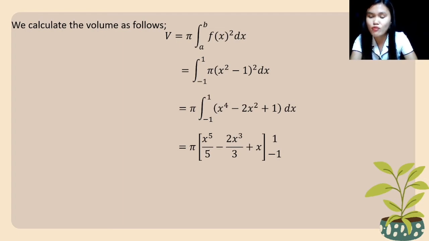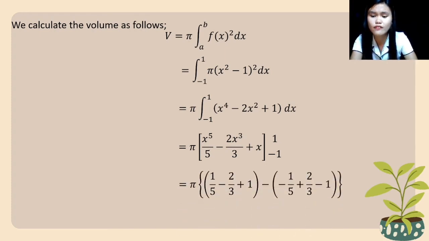The integral of 1 is x, and that is evaluated from -1 to 1. Now we have to evaluate both limits. Then we'll have the final answer, 16 pi over 15.